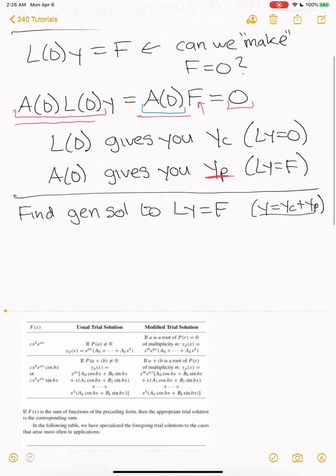So what we first need to do is find y sub c, okay? And this is the easy thing. This is what we do. We solve the homogeneous differential equation, Ly is equal to 0. So we ignore f for a little bit, and we just use the techniques from the last video and from sections 8.1 and 8.2 to figure out what y sub c is, okay?